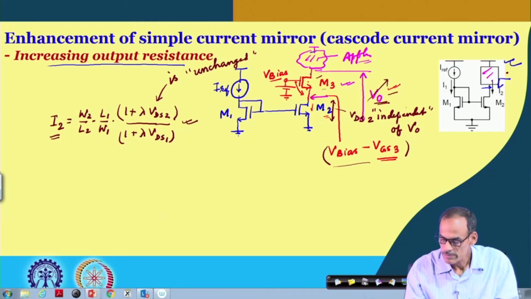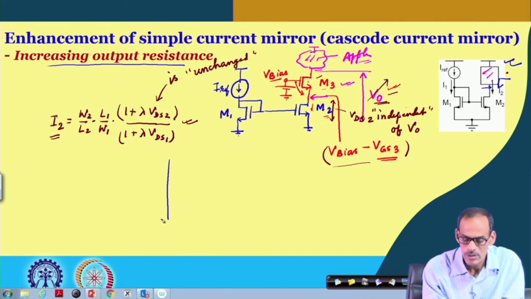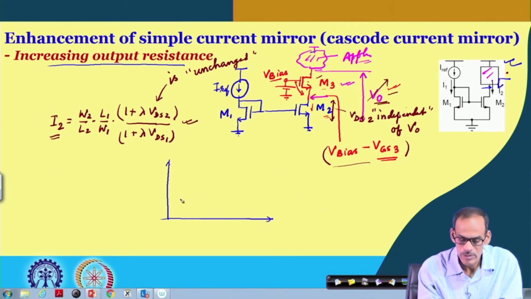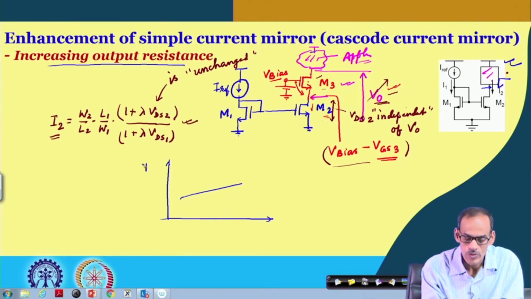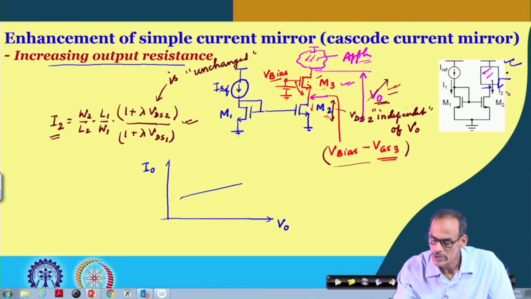So, pictorially, if I compare the two cases, the simple current mirror, based on probably finite lambda, has this output current and the voltage dependency has a slope. So, this is the output current and the voltage drop across this is VO, the output voltage.